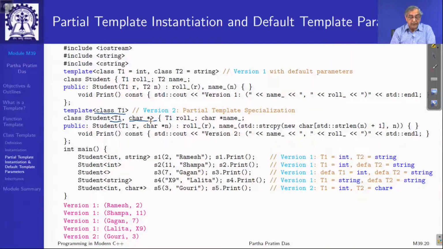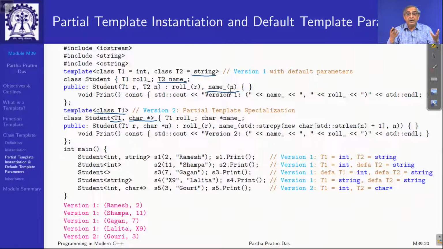Because as you can understand, when I have the parameter here as string, then at my construction time I need to do a copy construction of string from the given string to the data member name. Whereas, if it is a char star, then if I follow the first definition, I will have an error, because what it will copy is not the string, but it will copy the pointer, right, as we have seen.